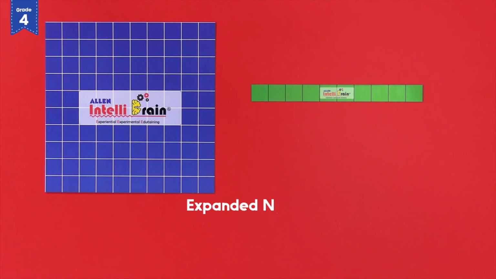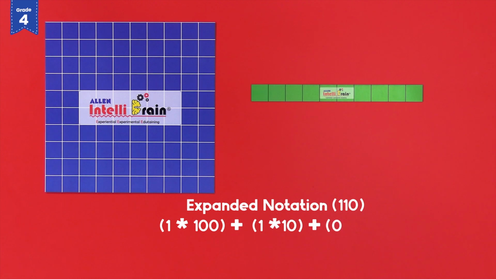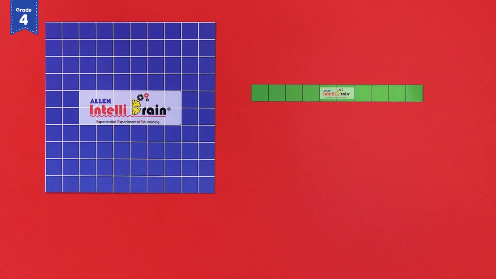The expanded notation of 110 is 1 multiplied by 100 plus 1 multiplied by 10 plus 0 multiplied by 1, which makes the expanded form as 100 plus 10. We can represent the number 110 using one hundreds card and one tens card.